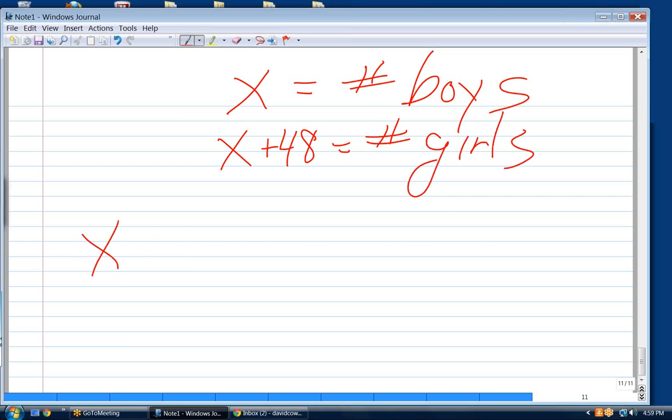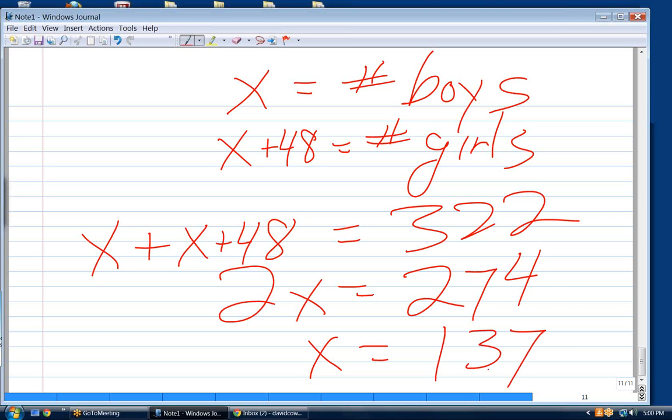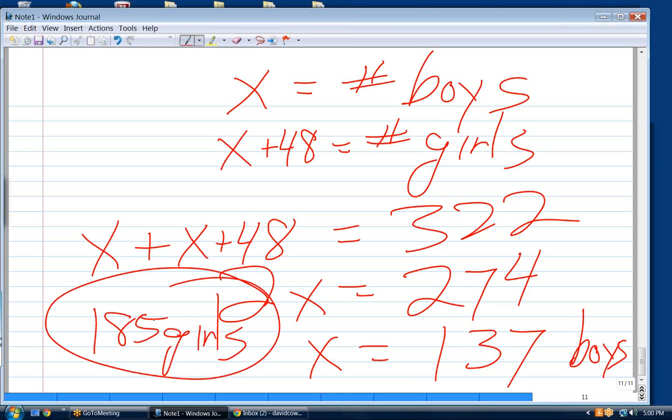Number of girls plus number of boys equals 322. 2x would then equal 274. X equals 137. And that is the number of boys. 137 boys. Add 48 to that, you get 185 girls. Same thing we came up with the first time.